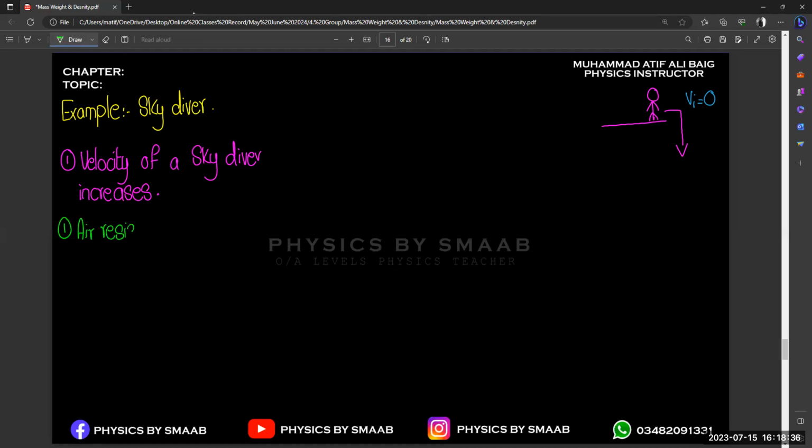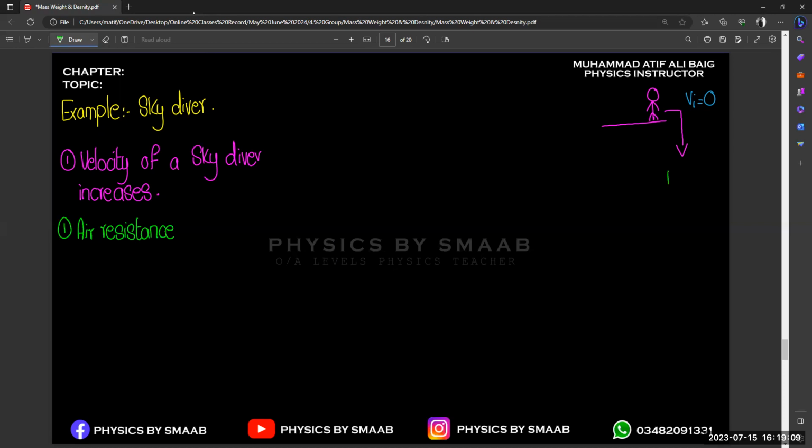But air resistance is not the weight of the object. Basically, if we consider the air resistance, it is not high enough to balance the weight of the object at this point, because the object has just started to move from its original position. So air resistance takes time to balance the weight of an object, right?